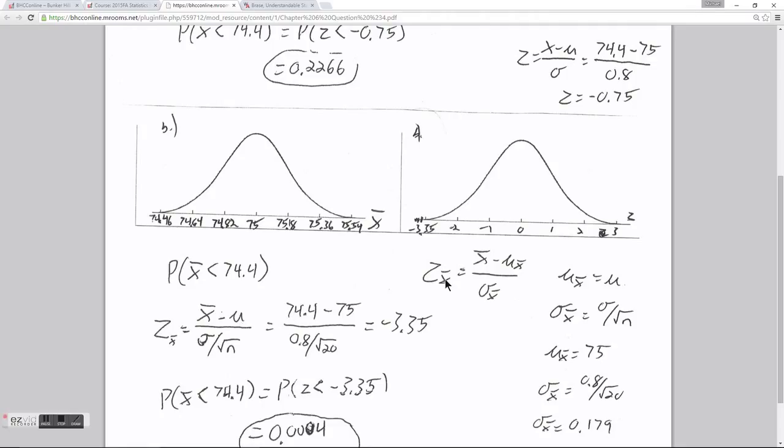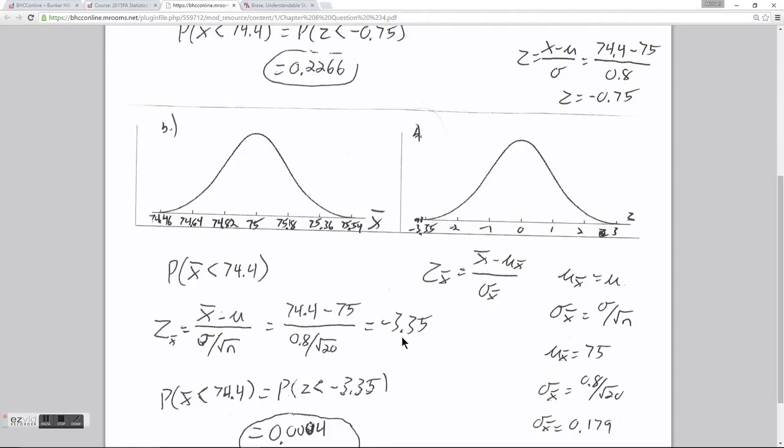Now the mean of that set of data is the same, but the standard deviation, as we mentioned, has changed. So converting 74.4 to a Z value this time, I would do 74.4 minus 75, just like I did up here in part A. But my standard deviation is now not just 0.8, but 0.8 divided by the square root of 20.